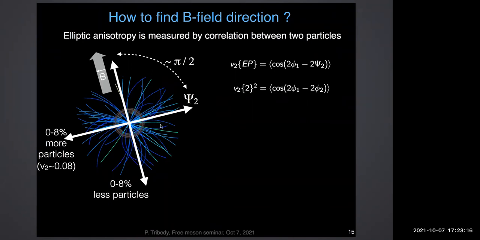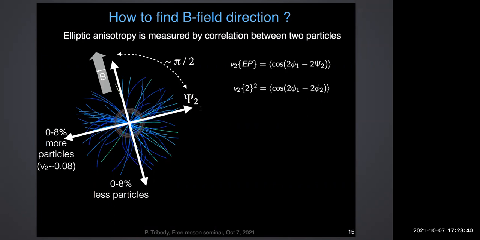But note that in the next event, this direction will change, right? It will always be random, because it depends on how the nucleus collides. So if you want to really measure this anisotropy, it immediately becomes clear we need at least 2 particles, right? So you need the first particle, and you need another particle.